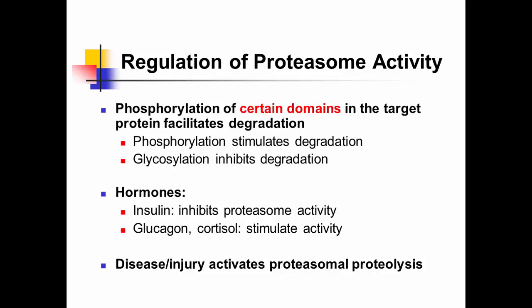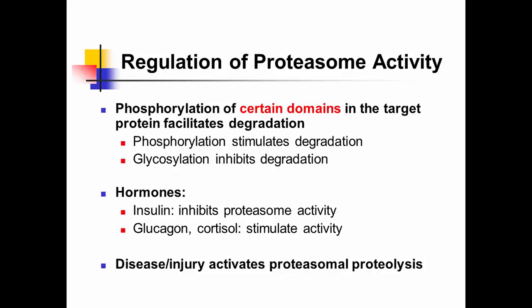All right. So, the regulation of proteasome activities. Phosphorylation of certain domains in the target proteins: for example, when a protein gets phosphorylated in certain amino acids, this phosphorylation can stimulate degradation. So once proteins get phosphorylated, they are more easily degraded, right?